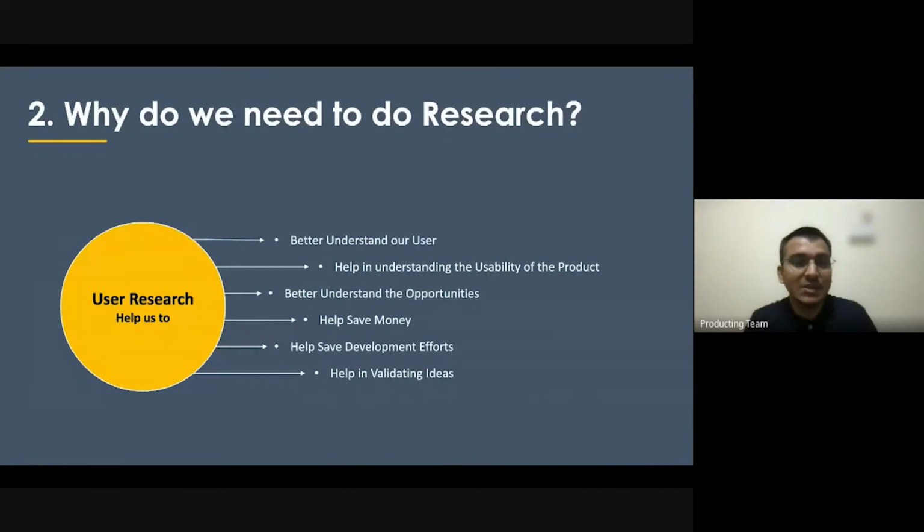So this is how you should say no to your managers or to your bosses. It will help in validating ideas as well. Okay, so these are the benefits of doing research.